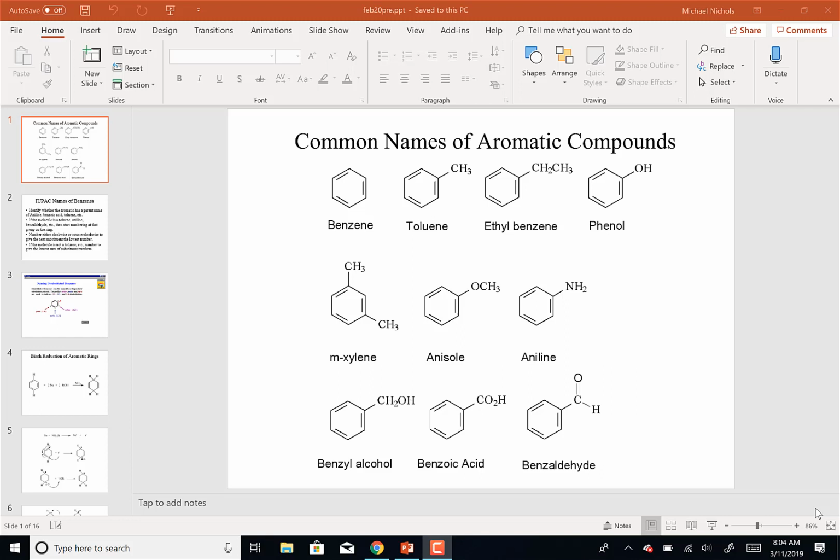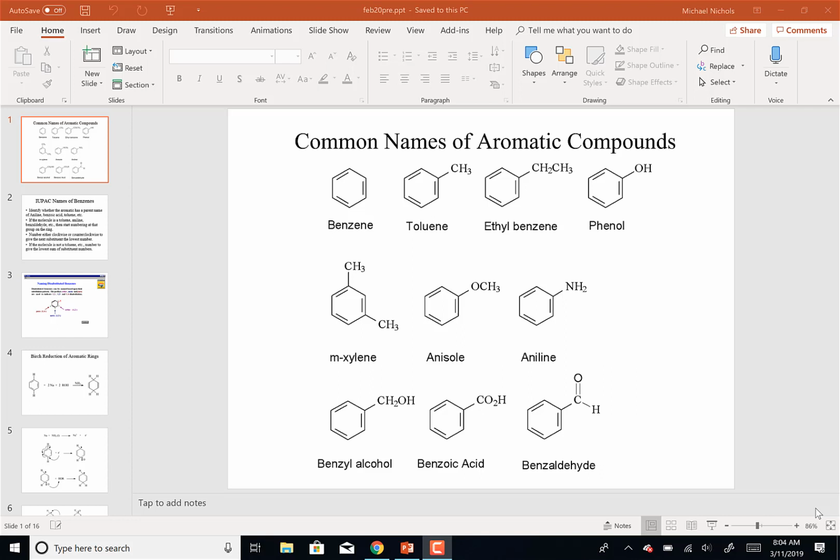So in terms of just some quick naming, because I don't remember last semester how much naming we did. Basically, the benzene ring itself is benzene, but then as you add different things to it, the name changes.